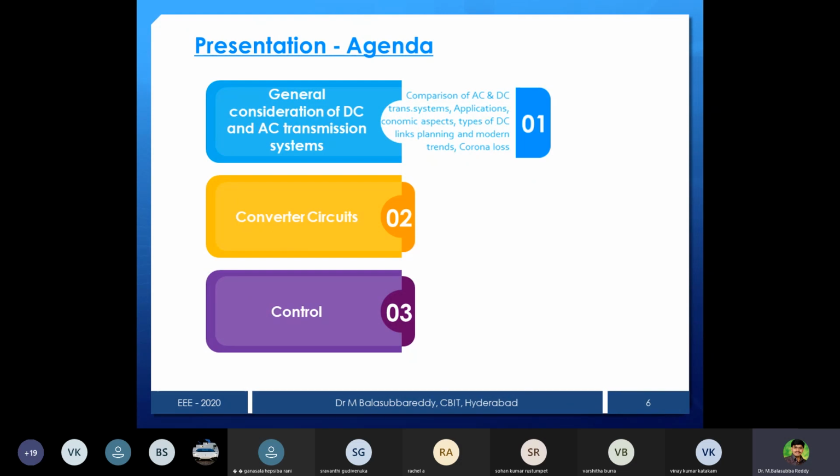Suppose a balanced system and an unbalanced system you want to synchronize. So there is a problem with AC. But if you are using DC transmission, whatever the system may be, you convert that system into DC. Then, regardless of frequency, we can directly interconnect. That is the issue in AC transmission, the problems of AC interconnection.